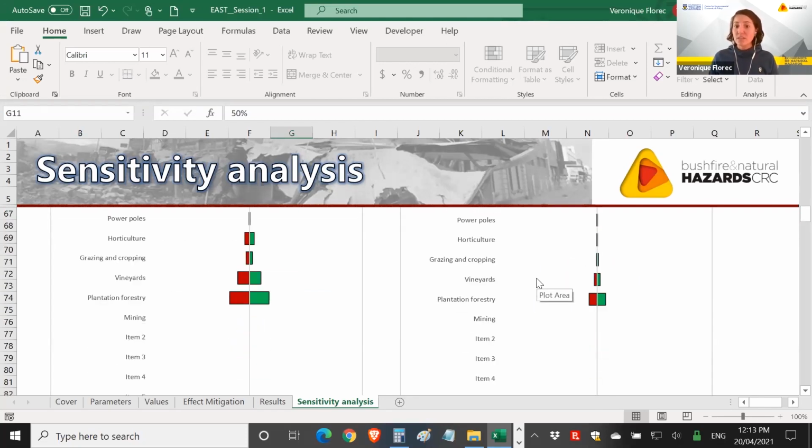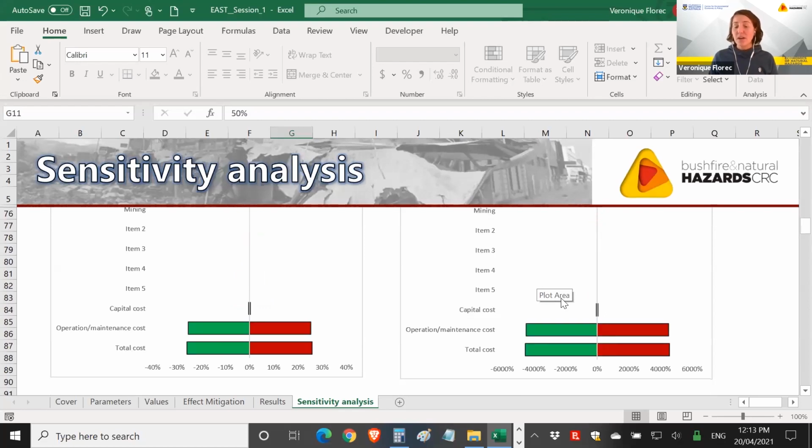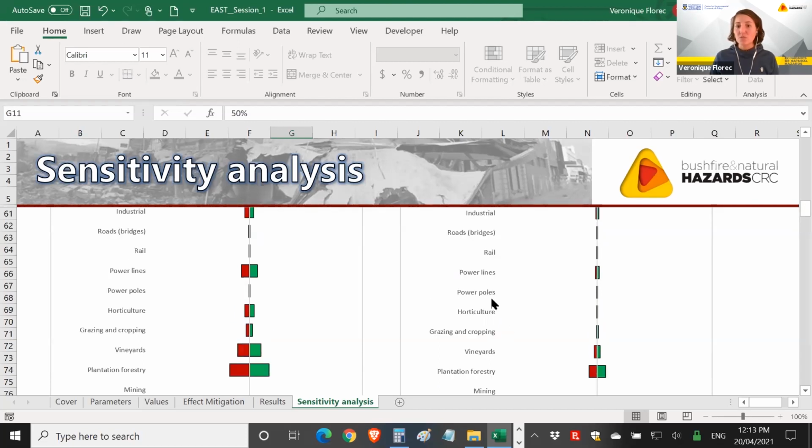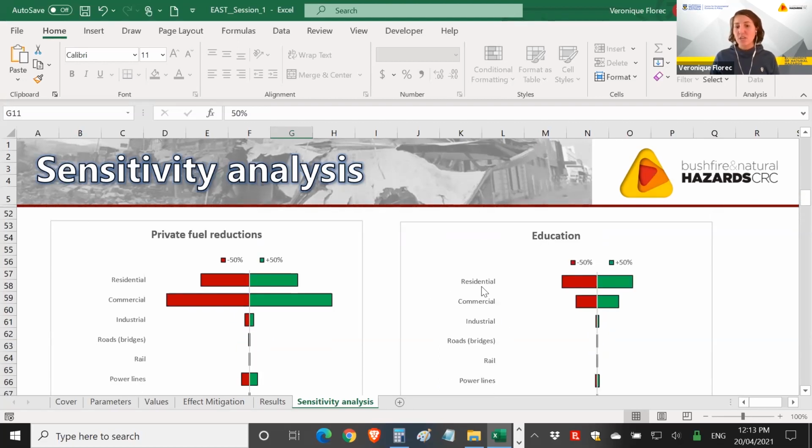But if for whatever reason I have a little bit of doubt or uncertainty about a particular piece of information in my analysis, then it's telling me, go and collect more information about it. Your results are very sensitive to changes in this particular parameter, a little bit sensitive in this one too, and very sensitive to changes in these parameters. So we want to go and collect more information about those.